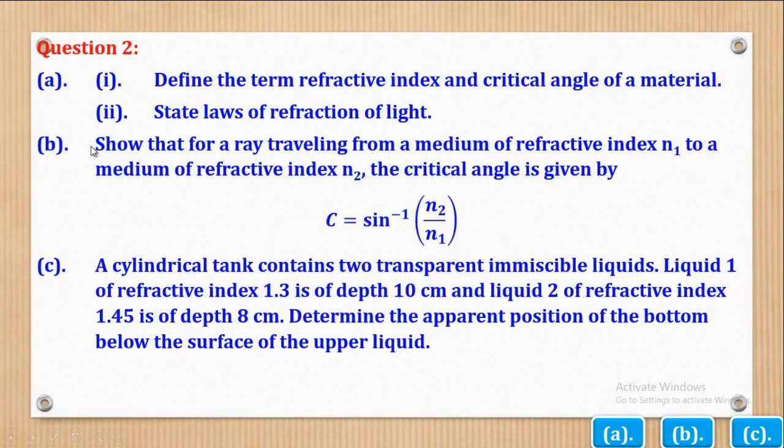So part B says, show that for a ray traveling from a medium of refractive index n1 to a medium of refractive index n2, the critical angle is given by C equal to arc sine n2 over n1. So in the question I had sent, it was the reverse, so you make that correction.